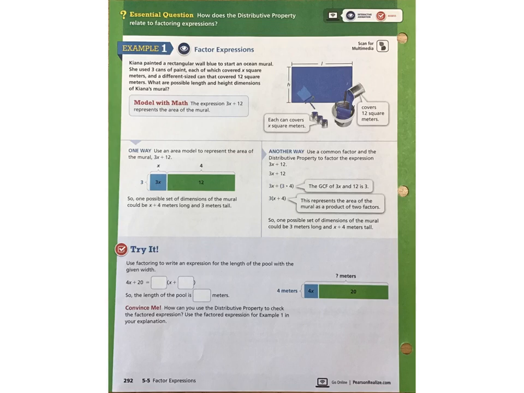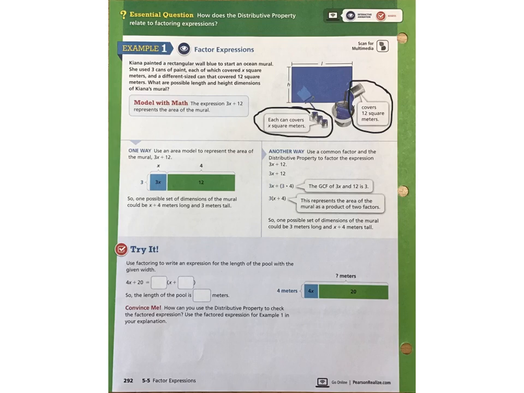So we're going to use a model in order to determine how we can picture what's happening in this problem with the square meters that the paint will cover and the size of her wall. So you can see from the picture here on the right side of the page that she has the x square meters, and there's 3 cans of paint there, and then there's 1 can of paint, a different sized can, that covers 12 square meters.